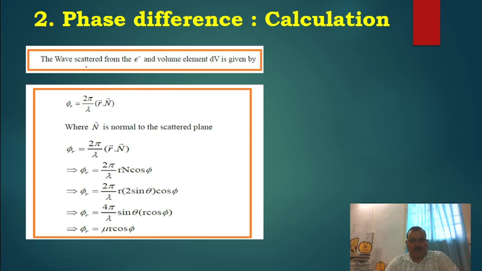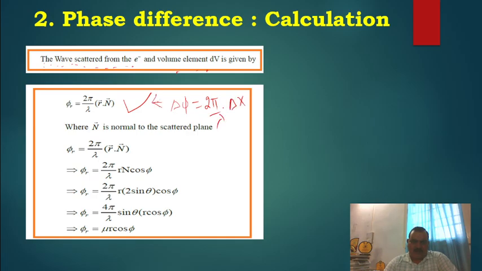So here the wave scattered from the electron in the volume element dV is given by this. First of all we have to find the phase difference. What is the phase difference between the two? Phi r equals 2 pi by lambda, r dot n. This is from your optics, which you have already studied: del phi equals 2 pi by lambda into the path difference delta x.